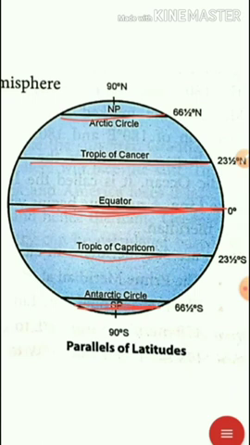So all these latitudes are parallelly situated. It means the distance between every latitude is the same. So these latitudes are parallelly distributed all over the globe.